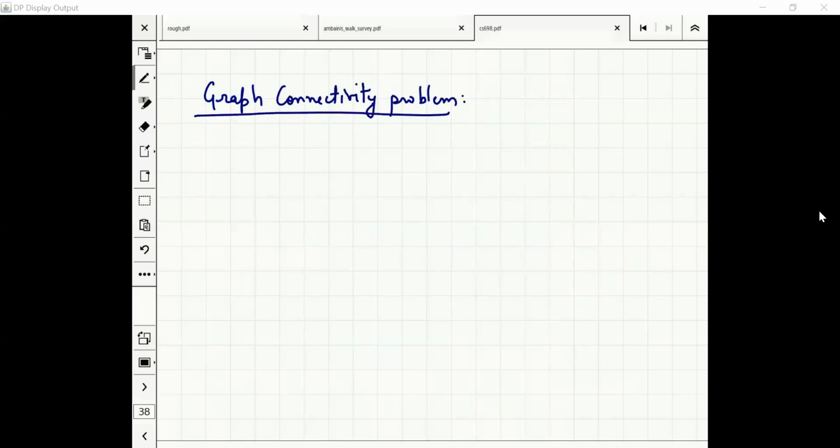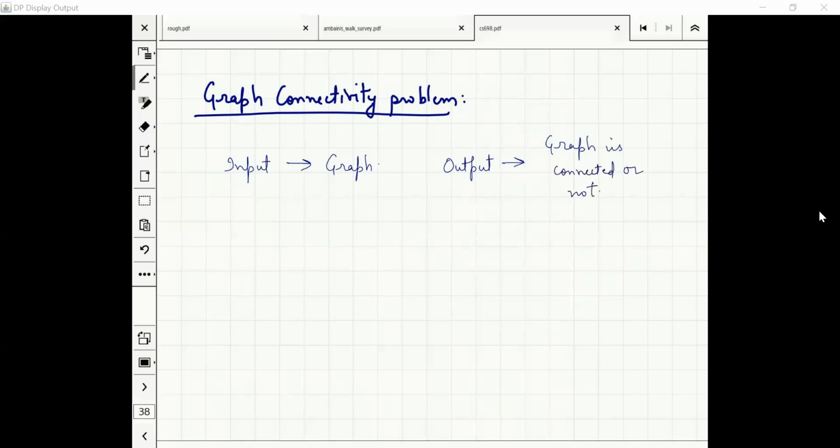Your input will be describing a graph, and what will be your output? Connected or not connected? Whether the graph is connected. It is very clear that the output is Boolean. How will you make your input Boolean?